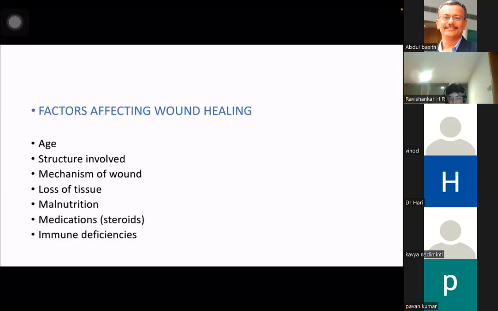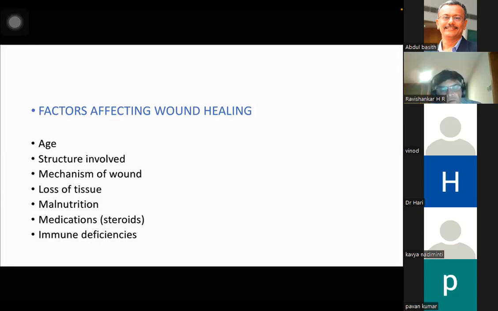Whereas an injury due to incision will heal fast because it is a smaller injury and a clean injury. And when there is excess loss of tissue, it heals by fibrosis, and it takes a long time.